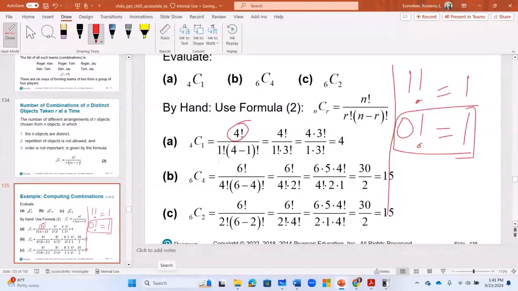Because you will have a question like this: 5 combination 2 divided by 0 factorial. Those who don't pay attention will say no solution, undefined. Do you see the question? It's always going to be there.